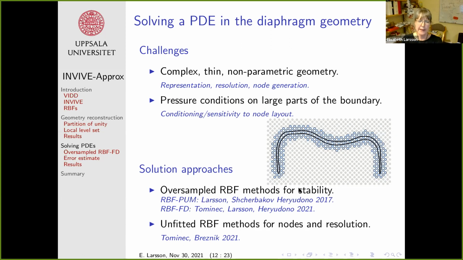Unfitted, yes. And the unfitted approach also helps with stabilizing the approximations of the derivative boundary conditions. And this is because you don't have to have skewed stencils at the boundary. But we haven't really talked about stencils yet.